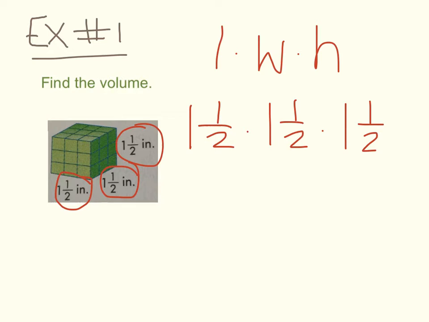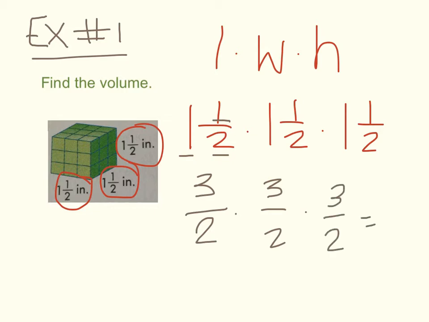Remember, you multiply the whole number times the denominator, so 1 times 2 is 2, and you add the numerator, plus 1 is 3, and the denominator stays the same. Since they're all the same number, they're all going to become 3/2.